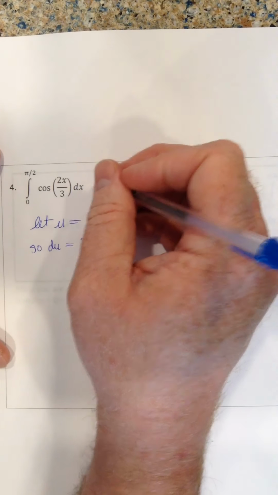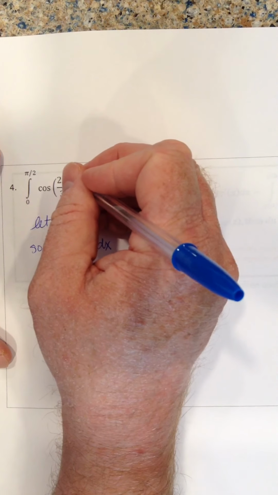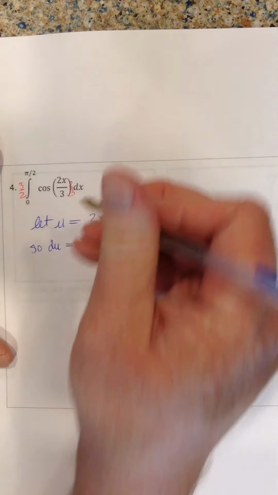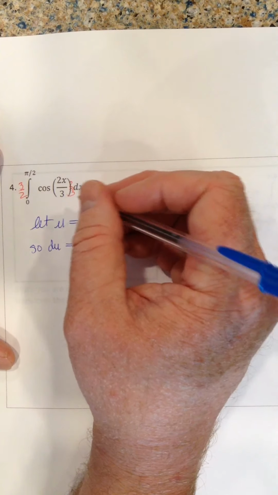All right, one last example. I'm going to let u equal 2/3 of x, or 2x over 3. So my du is going to be 2/3 dx. Well, I don't have a 2/3 dx, so I substitute in a 2/3 there, multiplied by 3/2 on the outside. 3/2 times 2/3 is 1, multiplicative inverse, right?